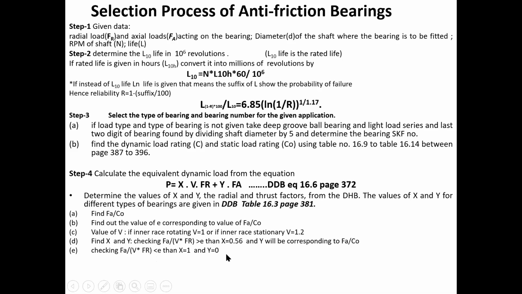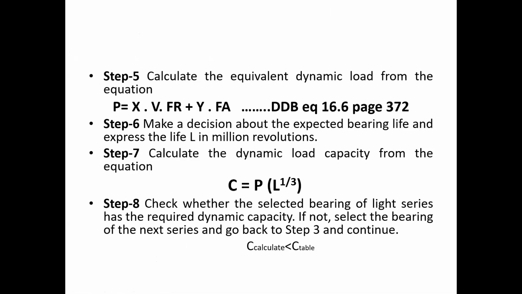So this is the method for finding the radial load factor X and axial load factor Y to find the equivalent load. Now, once we have found the dynamic equivalent load by knowing the values of X and Y, and we have the value of the expected life or the rated life corresponding to this equivalent load.